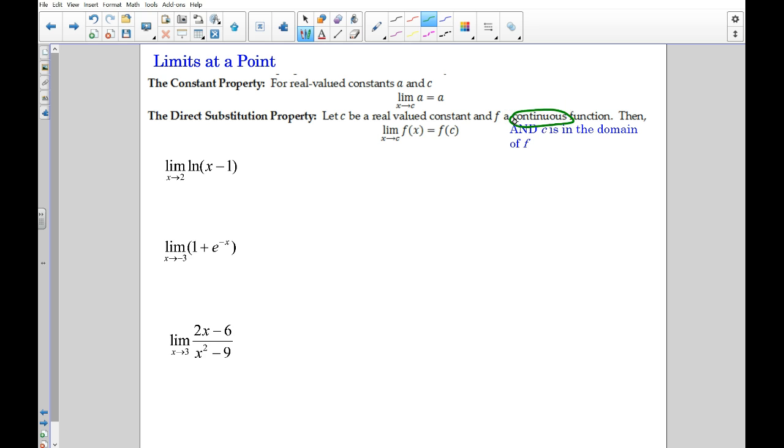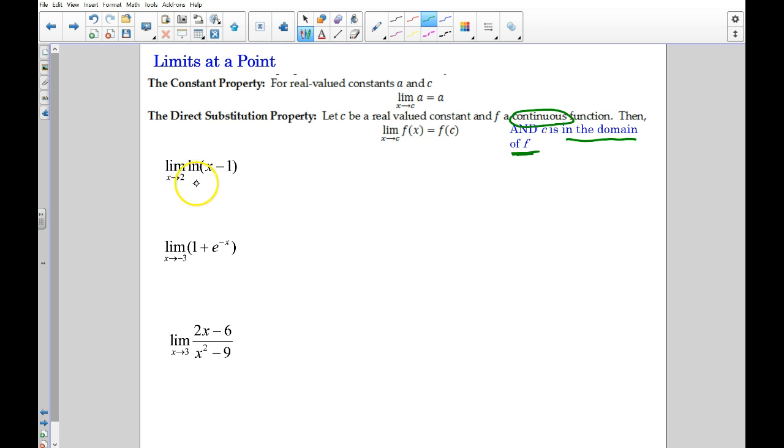If the function is continuous, so we have to think of the graph in our head or know what type of function it is, and the value c, the limit value, is in the domain of f, then we can directly substitute it into the function and get our result.